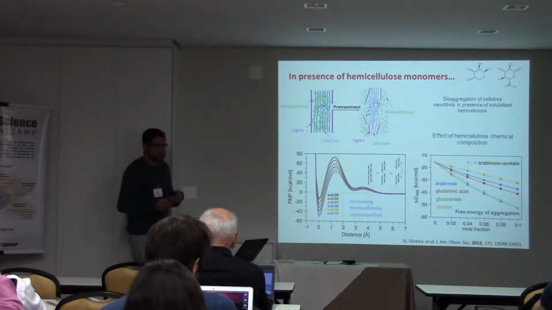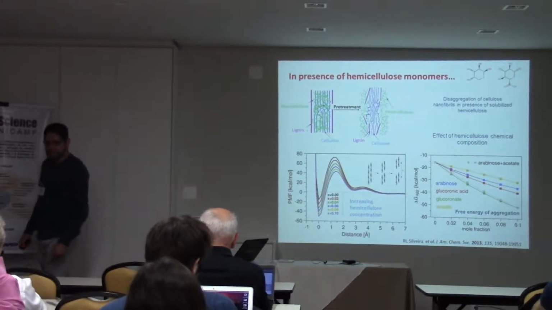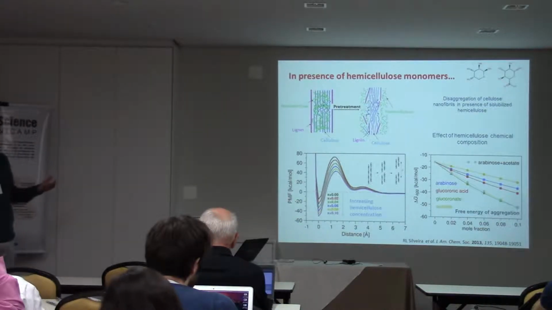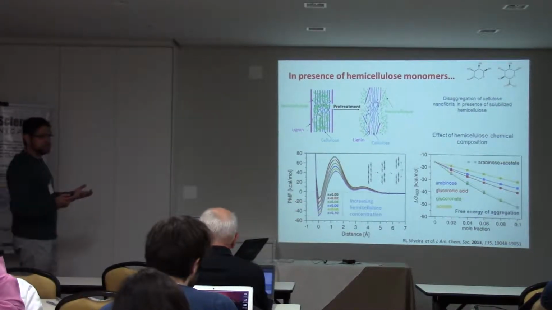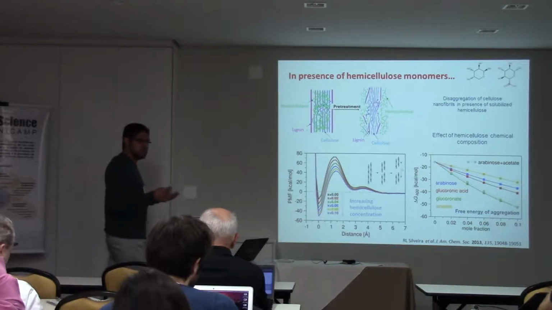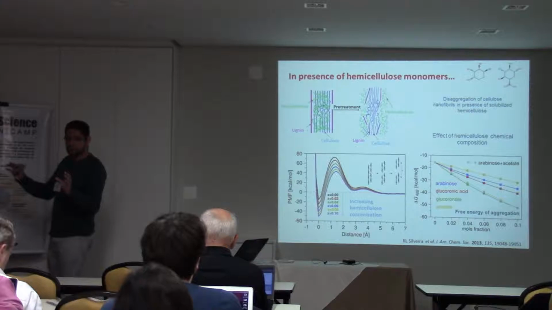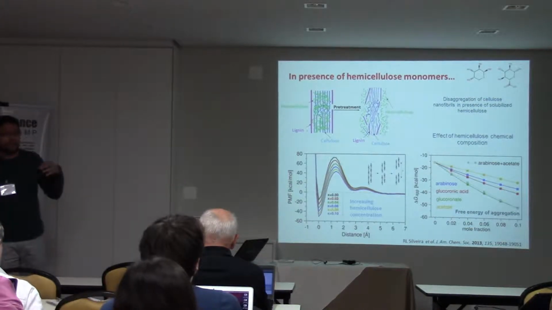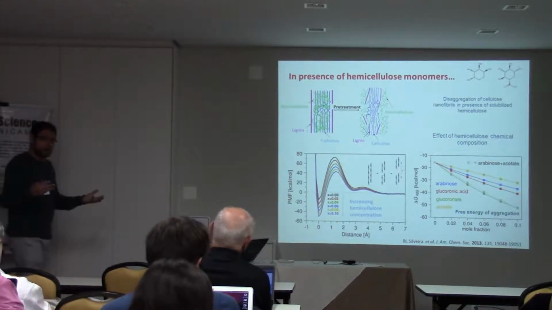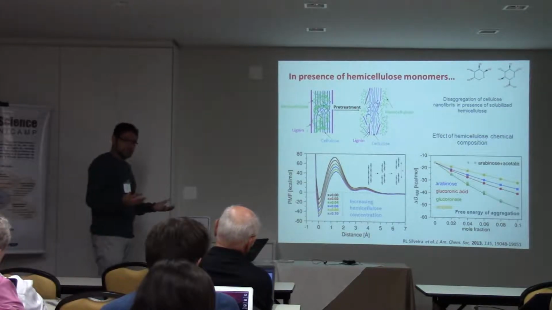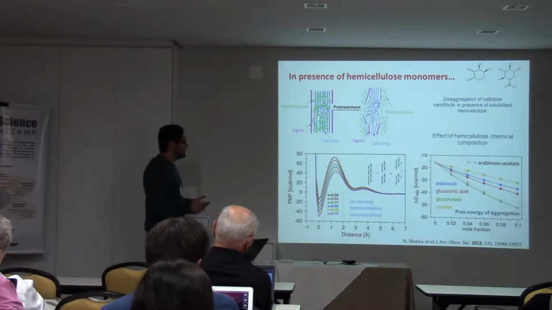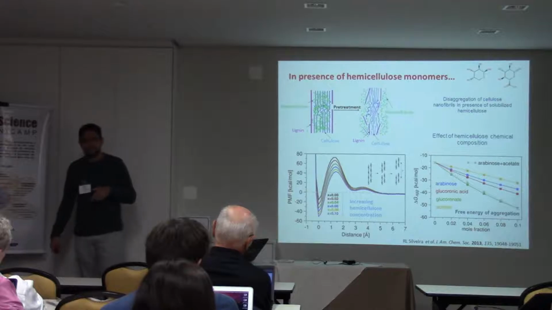And another aspect of this pre-treatment is that when you increase the temperature, the hemicellulose solubilizes. So now we have a situation where you have different cellulose fibers, and also we have water, and now sugars, like monomers of hemicellulose.